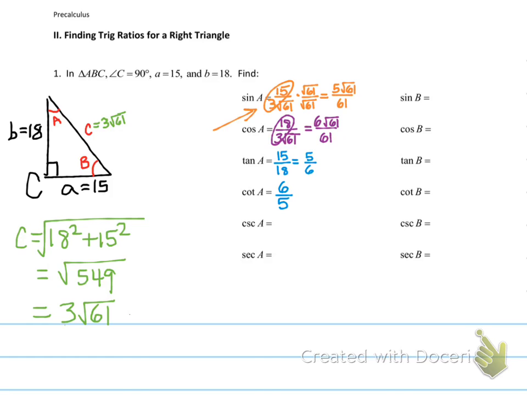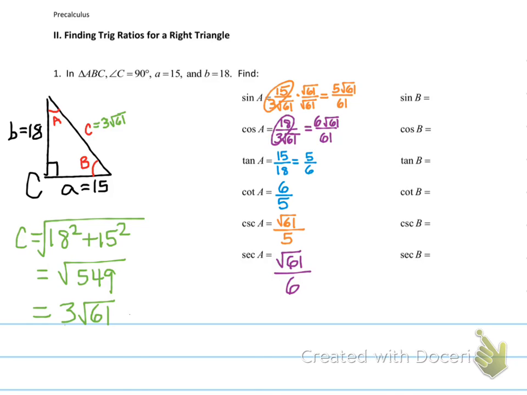So that gives me square root of 61 over, and then that would be 3 over 15 now, so 5 is in the denominator. So it's just much easier if you think about using the original instead of the rationalized version, because I'm going to have to do that again here. With secant, it's 1 over cosine, so it's going to be square root of 61 over 6 this time.